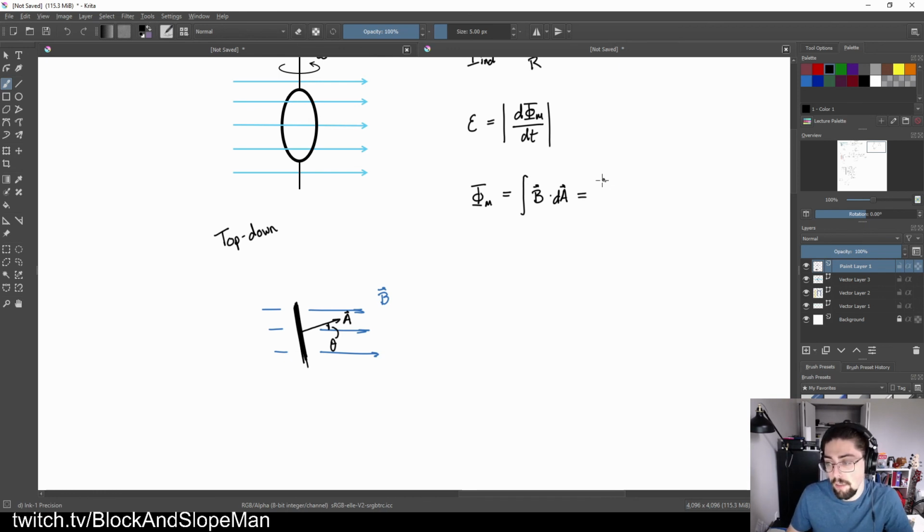Let me rewrite this: B dA cosine of theta. With that cosine of theta, we've taken into account that we might not be at a 0 angle between these two pieces anymore. And that's going to be eternally helpful for dealing with what we've got in this problem.